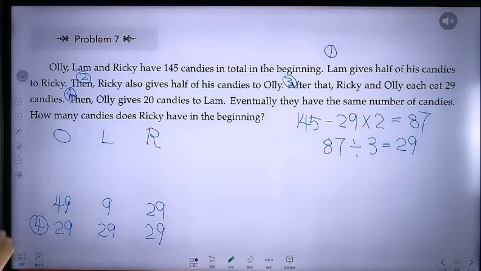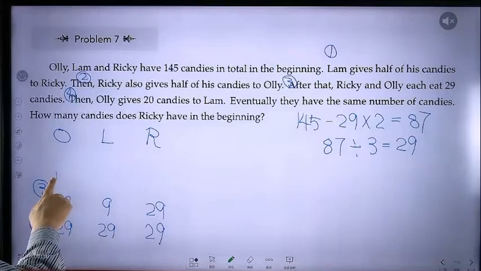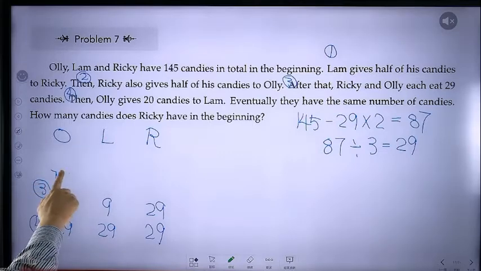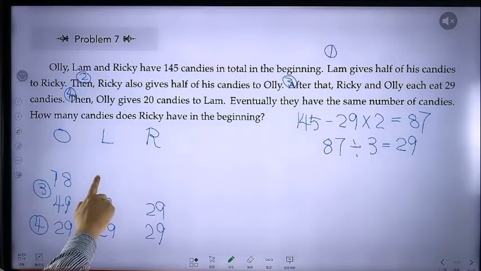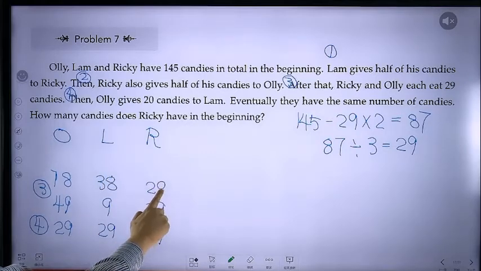Now we consider action 3. Action 3 is what? Ricky and Ollie each ate 29. So we need to add the 29 back. So Ollie is 29 plus 49, so that would be 78. Lam is 29 plus 9, that would be 38. And then 29.